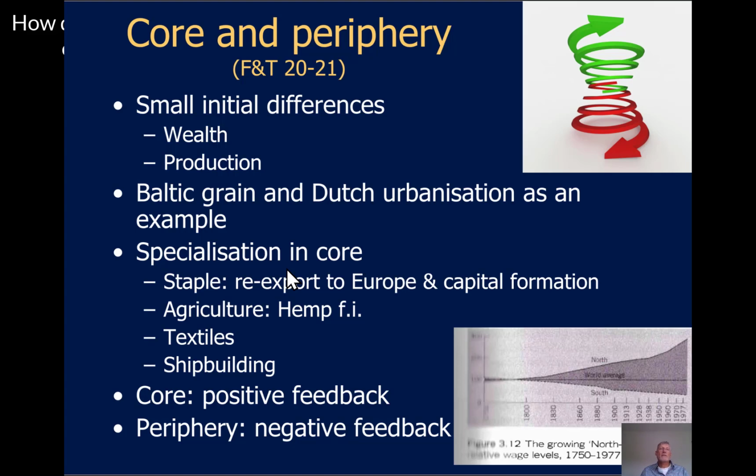And that's a key characteristic of the core, that the core production is specialized, while in the periphery it's very much more focused on very limited sectors. And there's specialization in the core in the most profitable types of economic activities. So basically there are two feedback loops. There's a negative feedback loop in the periphery, and a positive feedback loop in the core. So very small initiatives have huge consequences.